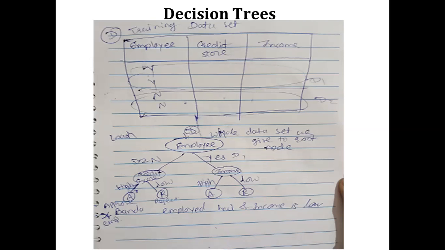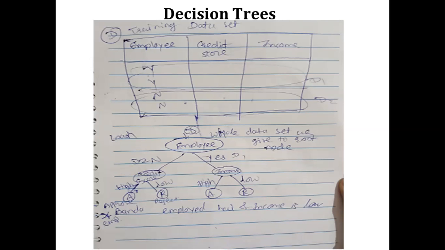So likewise, we can give the labels to the unlabeled data. From this training data set, this decision tree is built, and we can use this decision tree for the testing purpose. For example, if we take an unlabeled data set, for example, an employee whose income is low, whether his loan is approved or not, that we have to identify.